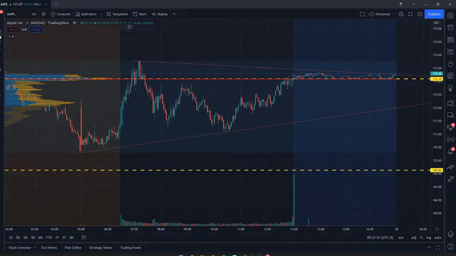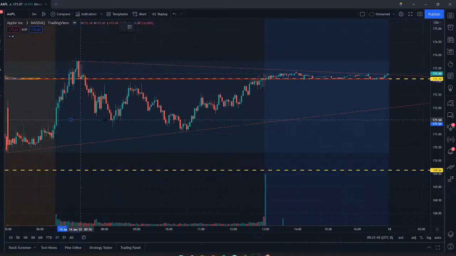So for me here, well, this first move here, I wouldn't be trying to trade because I don't trade the first 5 minutes of the open. And there's nothing here for me that's saying get into a trade.